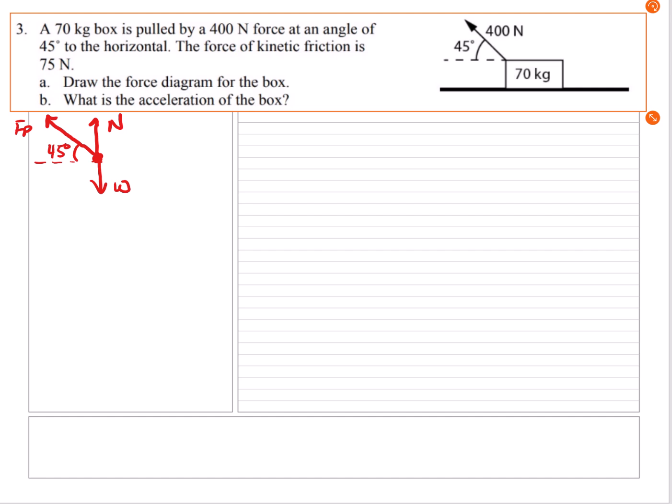And it also has friction because the force of friction is given to you. Since the object is being pulled to the left, friction must oppose the motion, so it's going to go to the right.